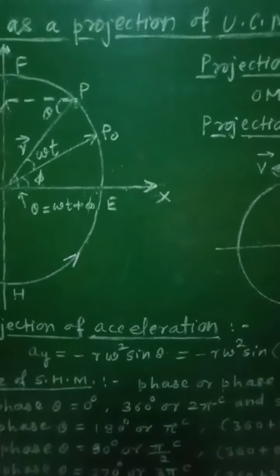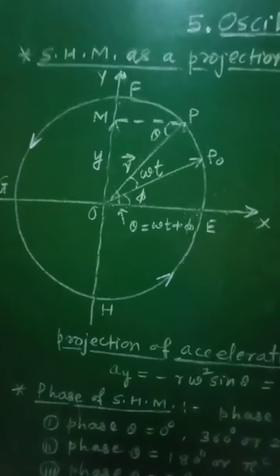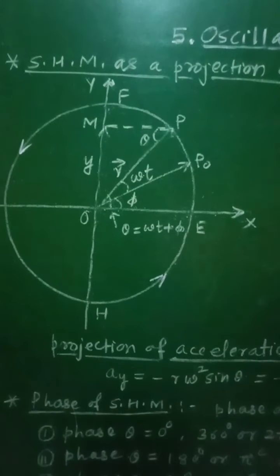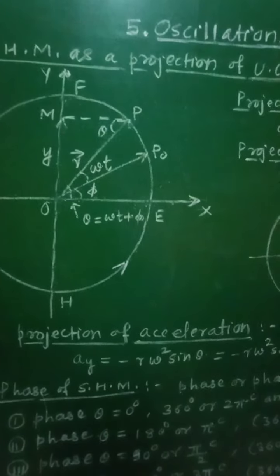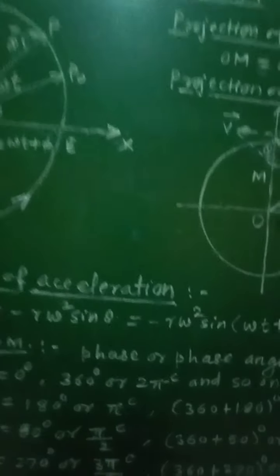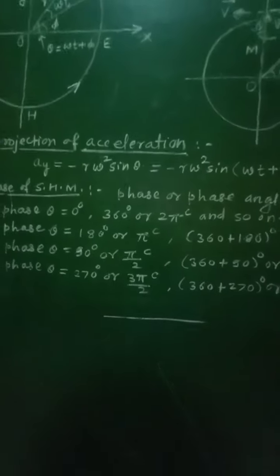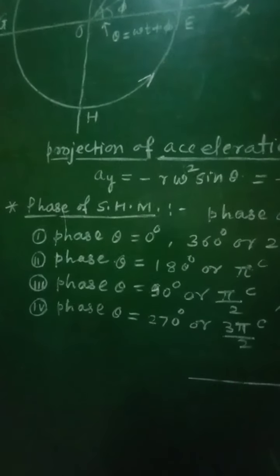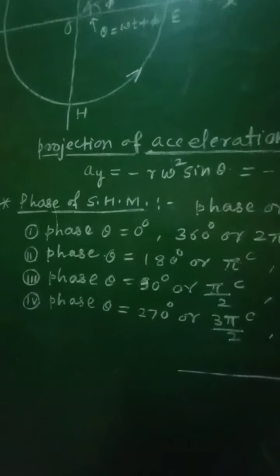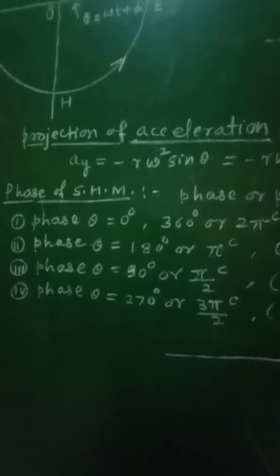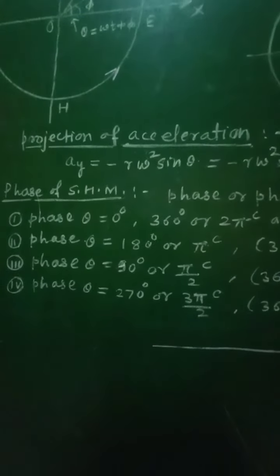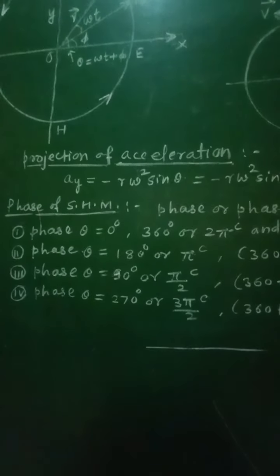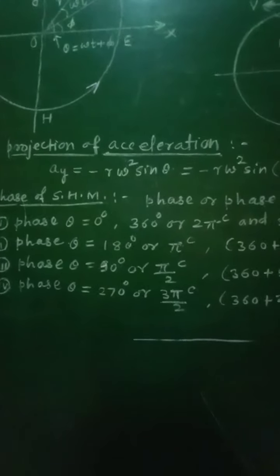When that particle performs uniform circular motion along the circumference of the reference circle, its projection will perform SHM between the two extreme positions. So this is regarding SHM as a projection of UCM.